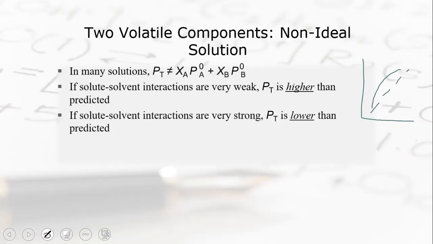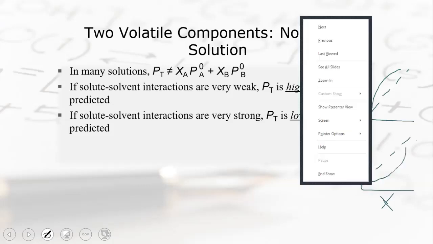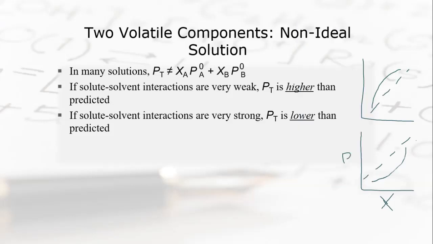And again, if we look at those graphs, if this is the pressure here on the left, and this is the mole fraction of one of the components, what you're going to get is that instead of the straight line of an ideal solution, you're going to have a curve that goes underneath there. I'm sorry for my bad drawings here.